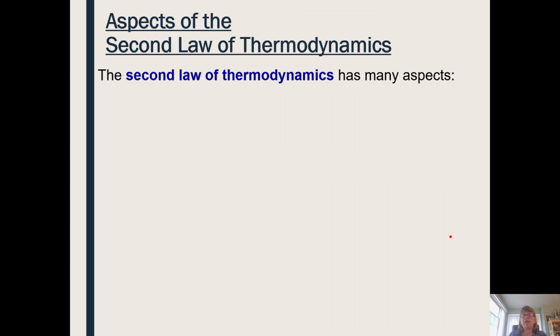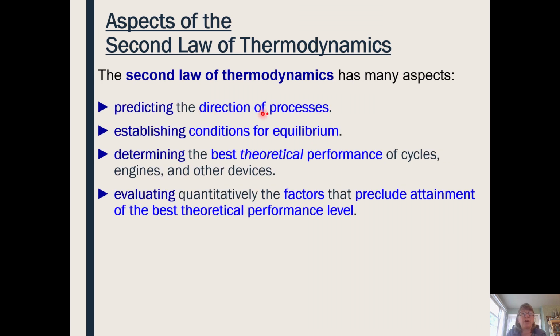When we look at various aspects of our second law, it's going to help us with the direction of the process and the conditions of our equilibrium. We're also going to find the best theoretical performance by taking out what we're going to call irregularities. So we find what we can maximally achieve and compare it to our actual.